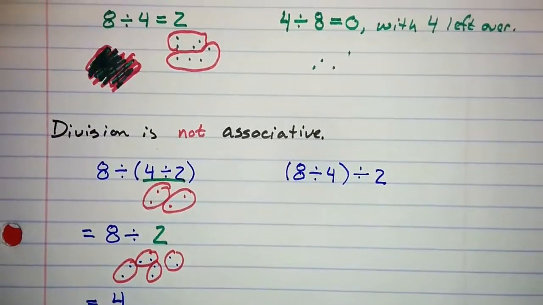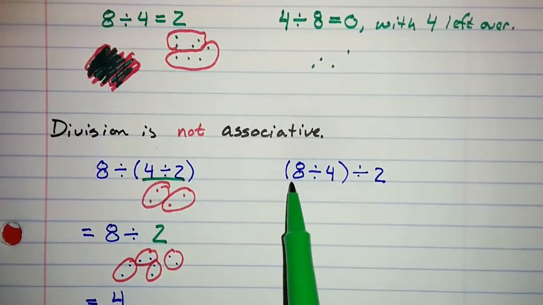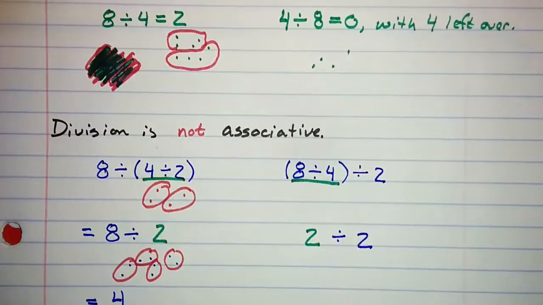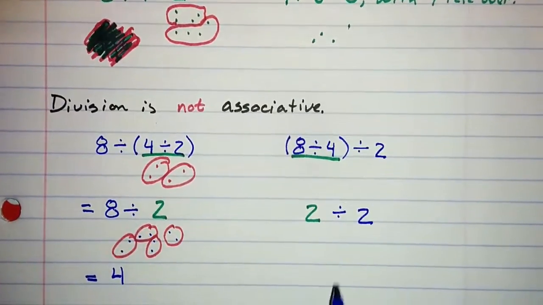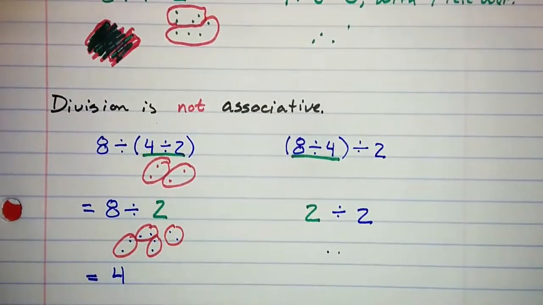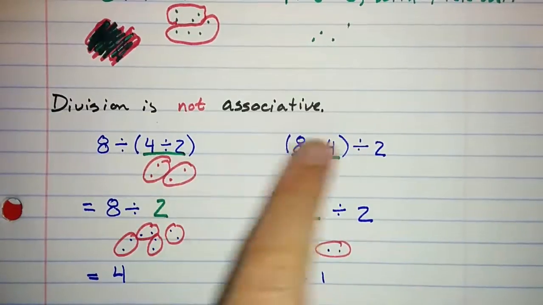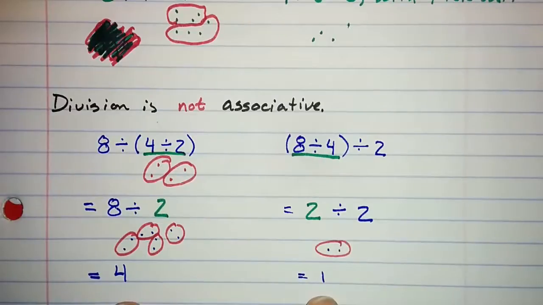On the other hand, 8 divided by 4, I already did that up here, and now I have 2 divided by 2. That means I have 2 things, so I can only take away 2 once, obviously. So this is 1. So clearly the order matters, since 4 and 1 are different from each other.